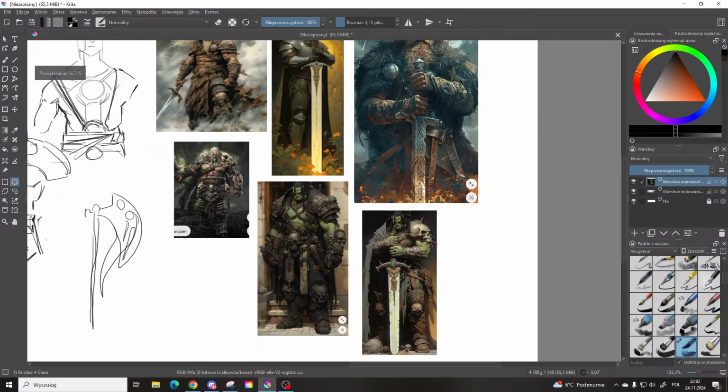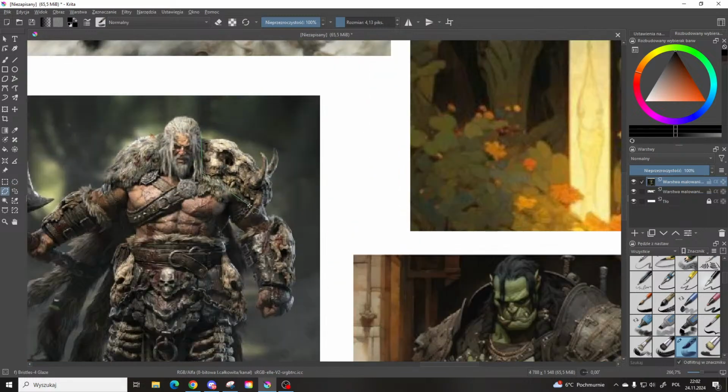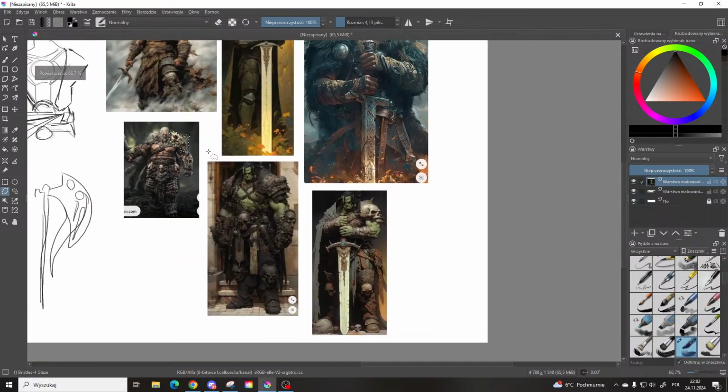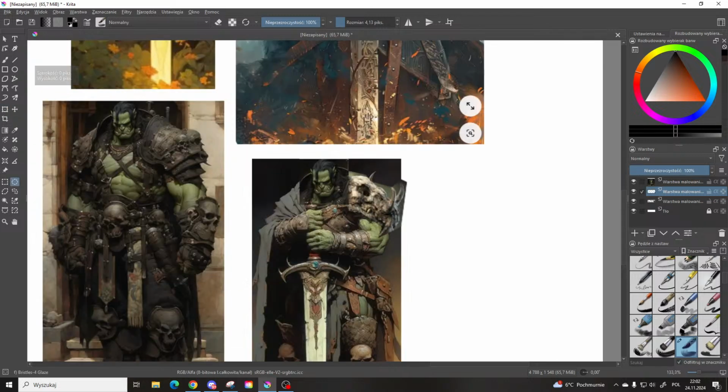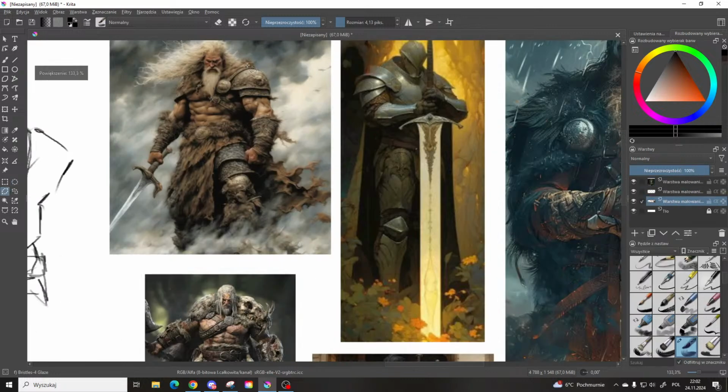This skull here is ridiculously stupid. Let's say this would be cooler. So I'm making a mock-up real quick, putting together things that I feel like make sense for me. Maybe let's not merge it just yet.